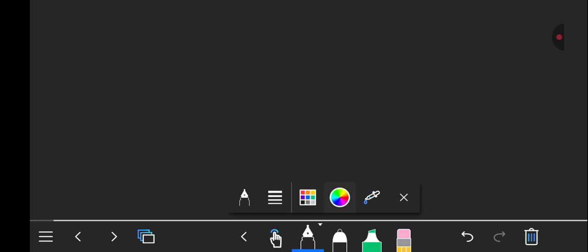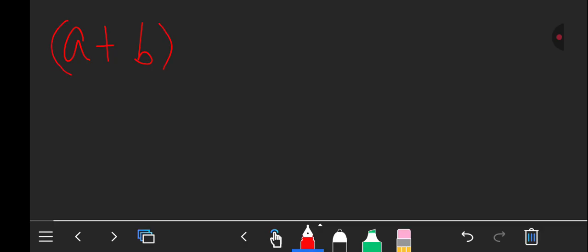So let's say you've been told to expand a plus b to the power n. How can you expand this?